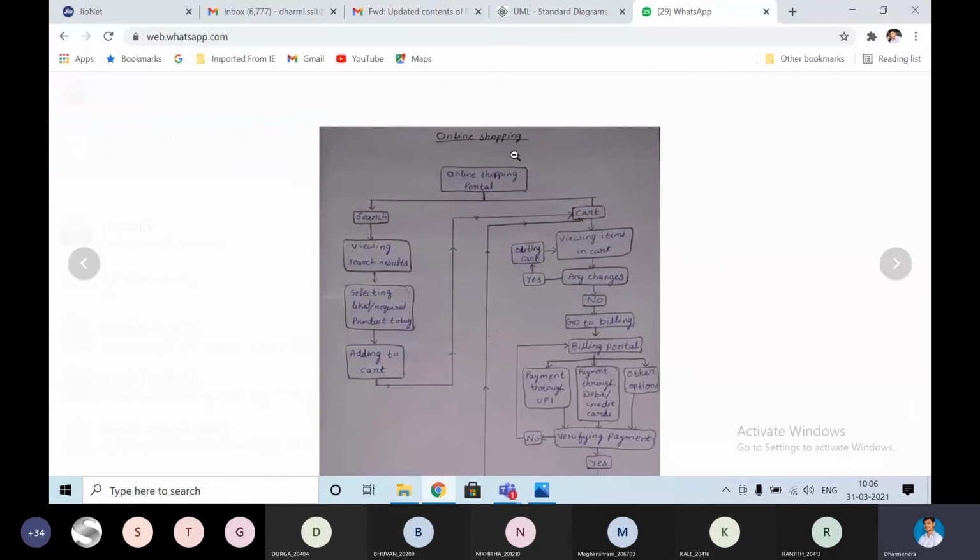So based on this, we are able to understand what's happening in online shopping, and if we go for the test results, what suggestions they may give. If you take the same kind of diagram for an ATM, these diagrams tell us what operations are going to take place.